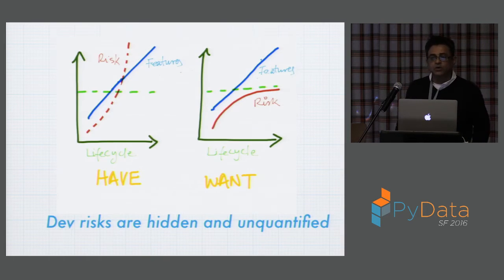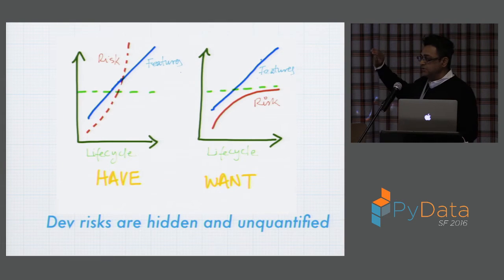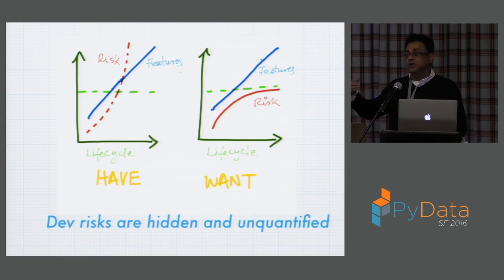So again, a little cartoon version of software development. And what we have on the left is what typically happens, and you shouldn't give too much importance to the shapes of these things, except that you always want to keep adding features, because to stay competitive, your software has to evolve, and there are market pressures to keep adding features.